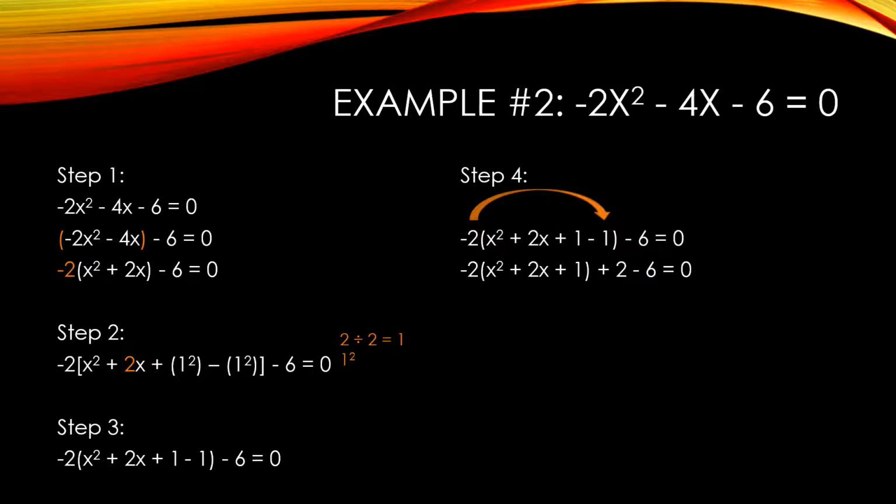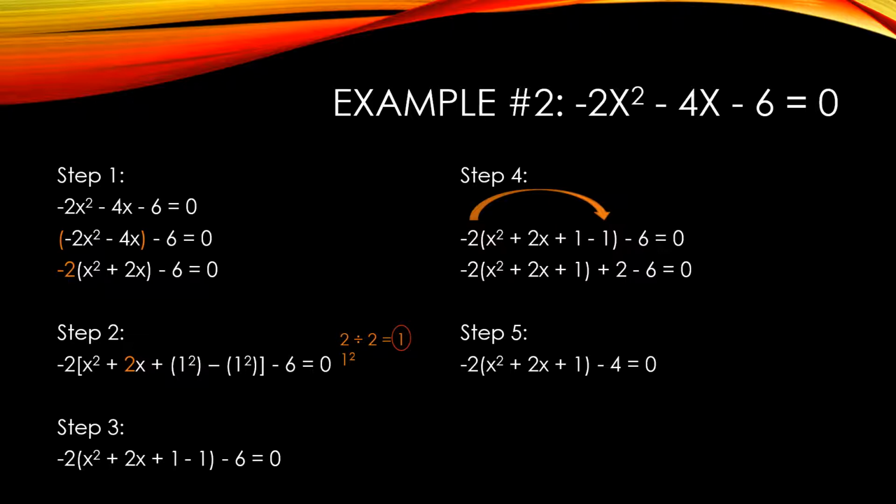Step number 5. Simplify our constants. So that's -2 plus -6. That gives us -4. And then we look at the trinomial that we have within our bracket, ignoring all other terms. We're going to go back to step number 2 and pull the answer that we had after dividing our b value by 2, which is 1.